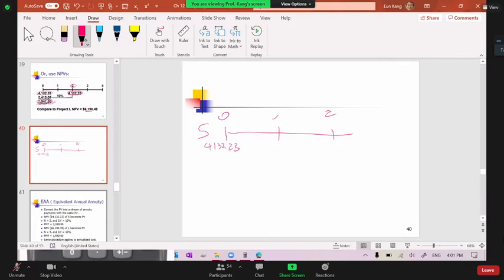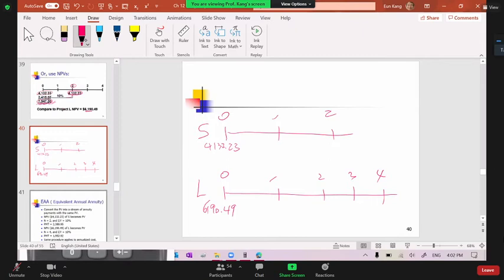And project L is a 4-year project, and the net present value is 6190.49. So S has 4132.23, but only 2 years of operation. L is 6190.49 for 4 years of operation. So the concept is like that.